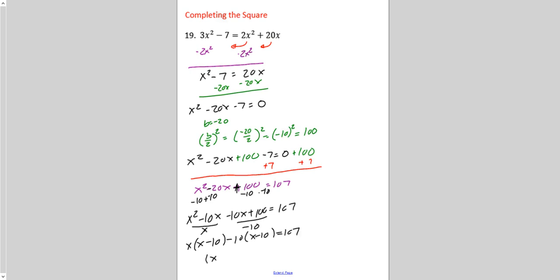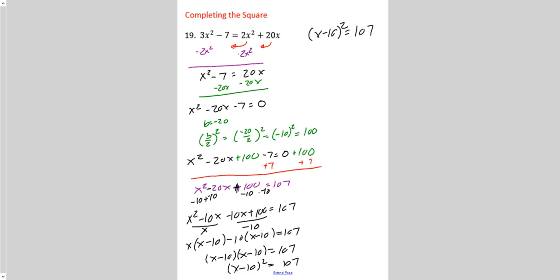So I have x minus 10 and x minus 10 equals 107. Since I have both the parentheses written down twice, that's x minus 10 squared equals 107. I completed the square. Now I need to solve x minus 10 squared equals 107.